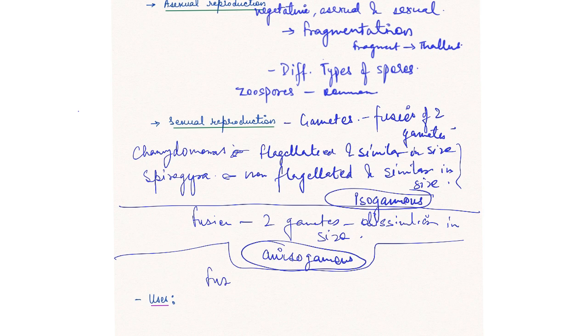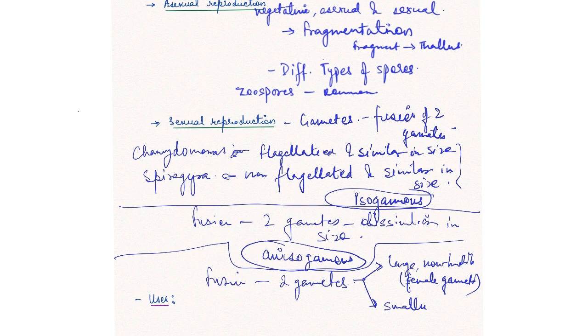Okay, and the third case: again fusion will always be between two gametes, but here one gamete is large and non-motile, which is the female gamete, and the other one is smaller and motile, which is the male gamete.